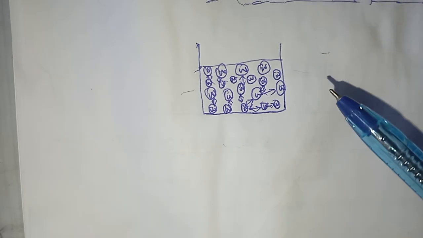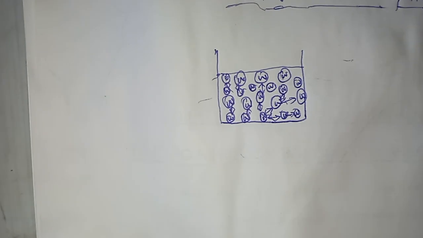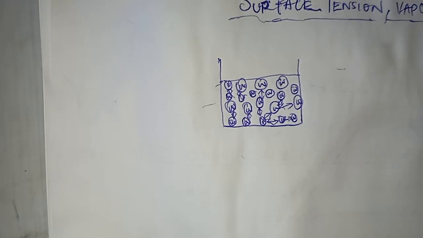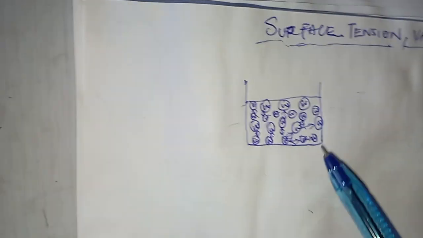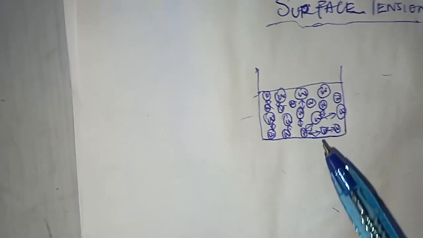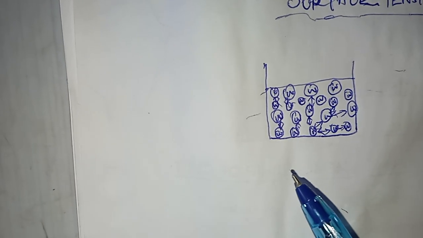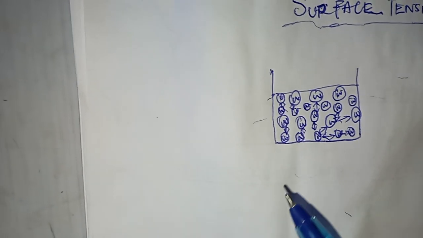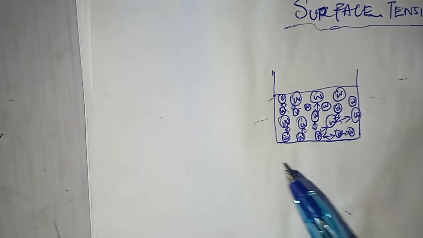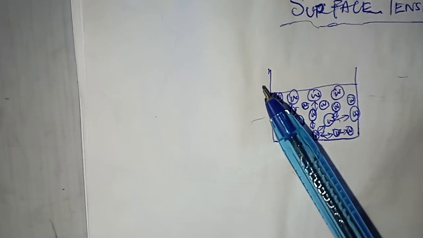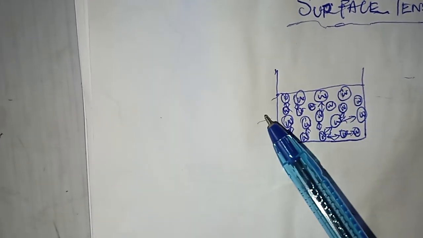So by that understanding, it simply means that the ones that settled below don't have enough kinetic energy, unlike the ones above, because when a molecule has more kinetic energy, it's able to move up and stay on top.